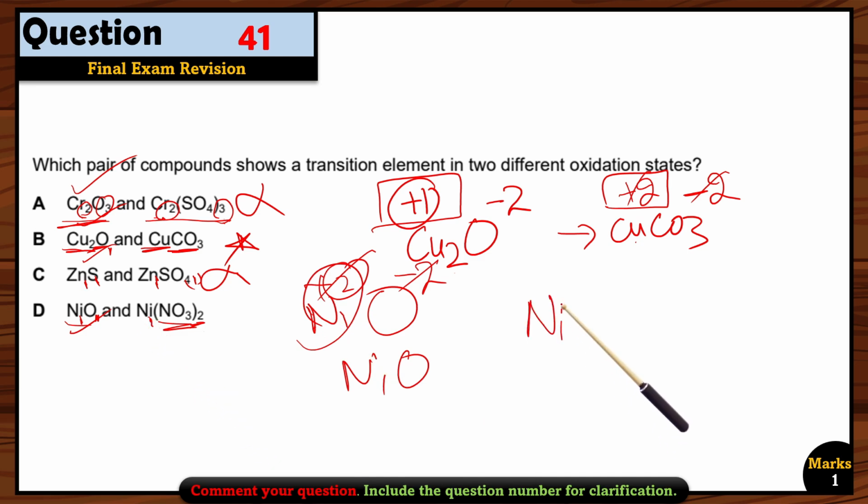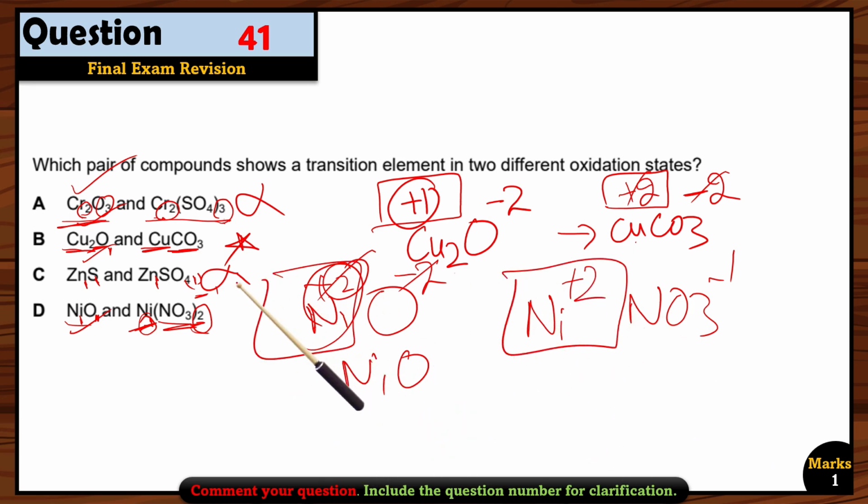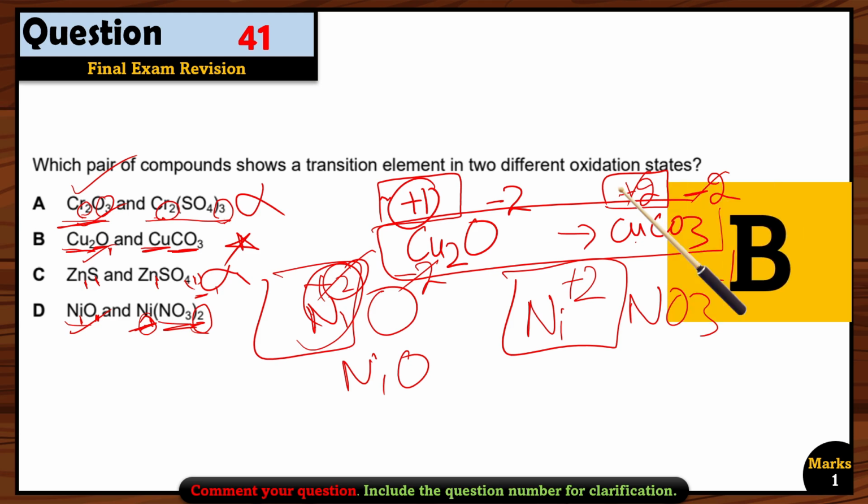The nickel oxidation state, if you see the variable here, is 1. It means this is the oxidation state of nitrate. Nitrate ions usually have an oxidation state of -1. But if you see the variable here is 2, it means the nickel was having an oxidation state of +2. So this oxidation state and this oxidation state are the same. But in copper, the oxidation state has changed. In one, it was +1. In the other one, it is +2. So that's why option B is the only right option for this question.